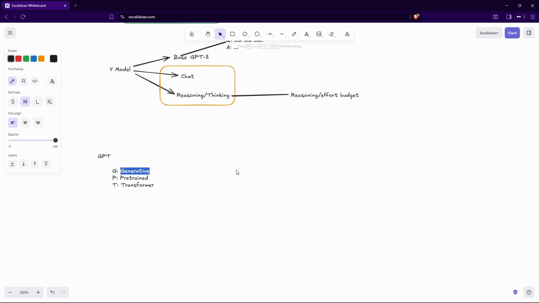Pre-trained is the fact that a specific model is trained with a lot of data. In the case of the GPT model, it was trained on all the accessible information on the web and more.